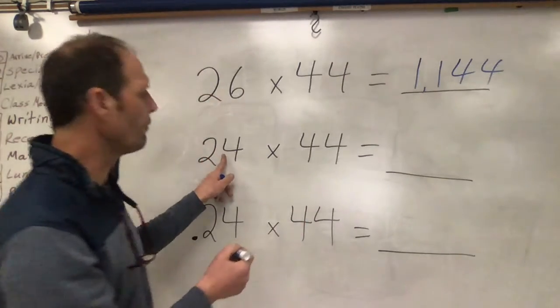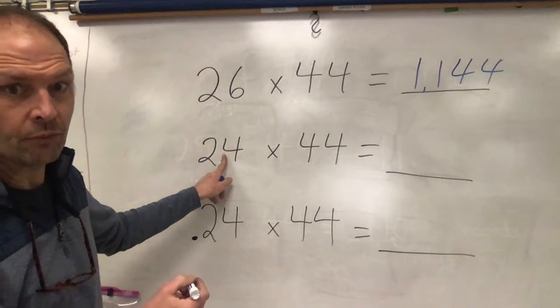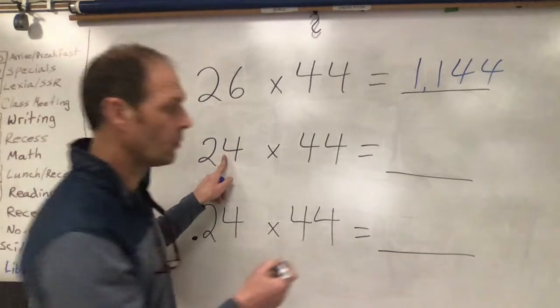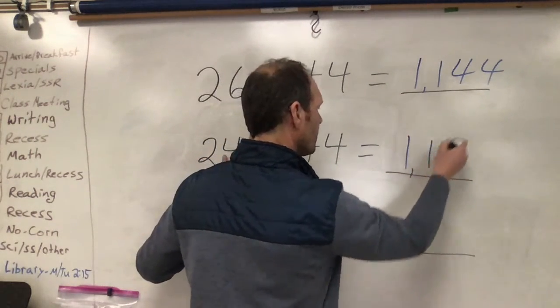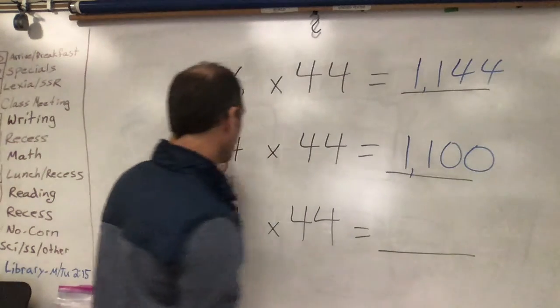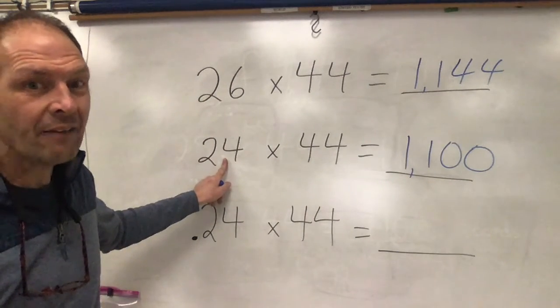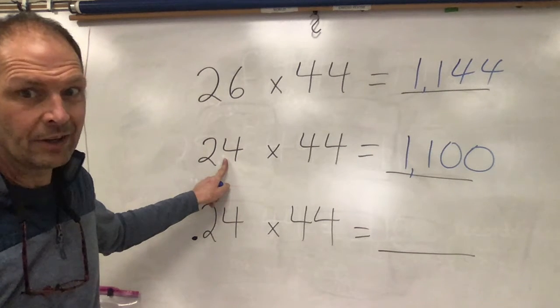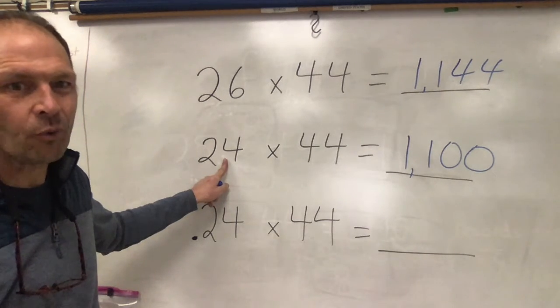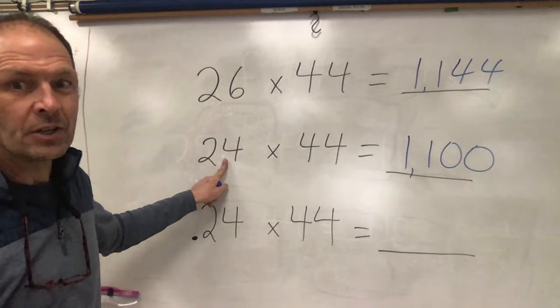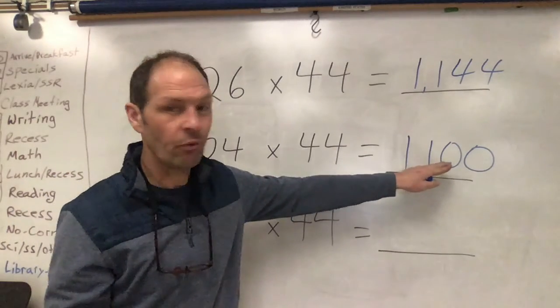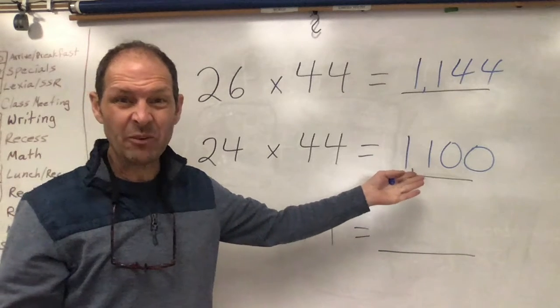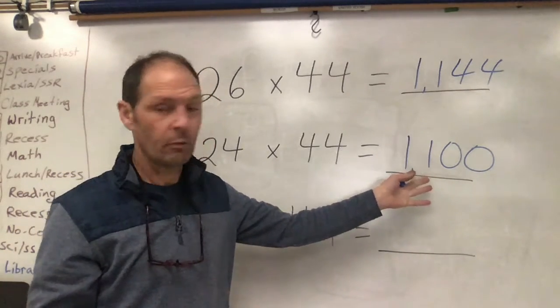I know that 25 times 44 was 1,100, so I'm going to write that in. But we actually don't have 25 44s now. We only have 24 of them. So we've got one less 44 than we had before. So we've got to take a 44 out of this. So I've got to remove a 44 from 1,100.